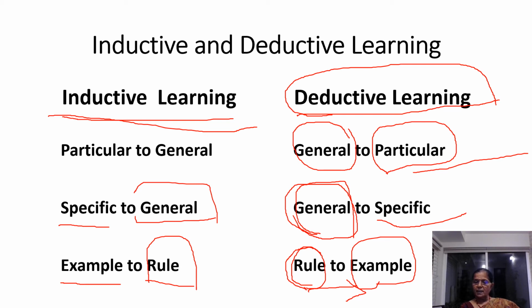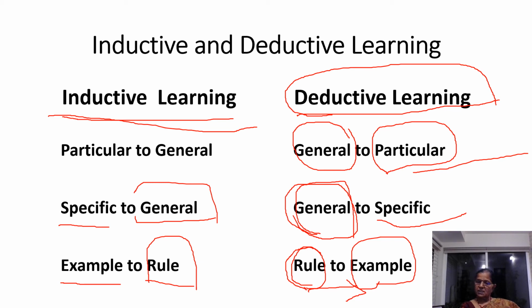So how I remember is, I give you a tip. I always remember one statement for both. That is, I deduce from generalization. What does it mean? I learn or deduce things from generalization. So first I get the general idea, then I deduce things from it.